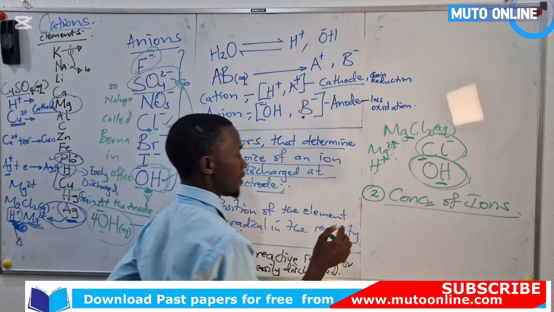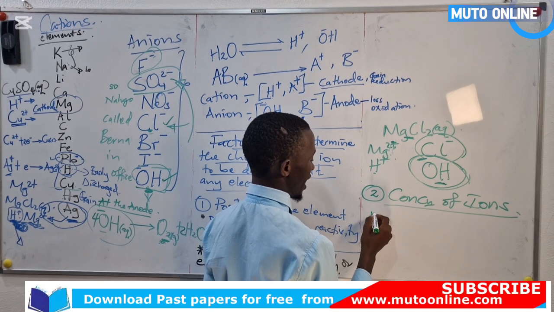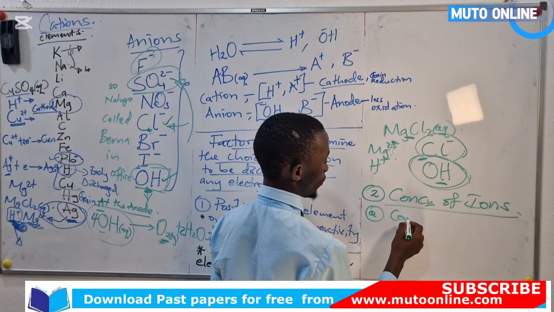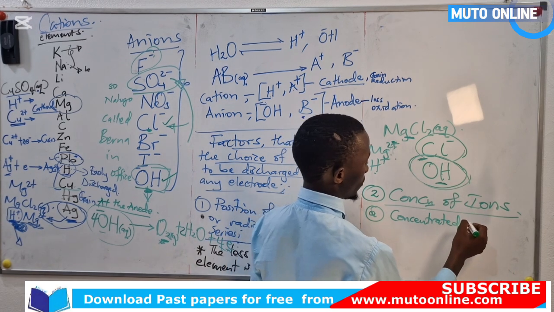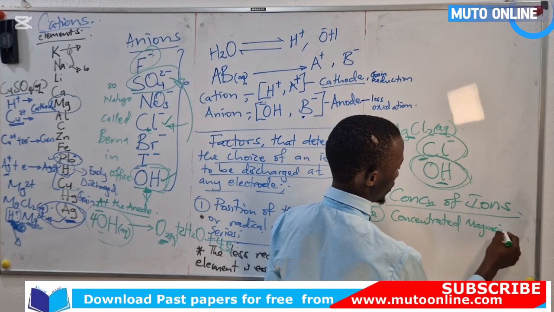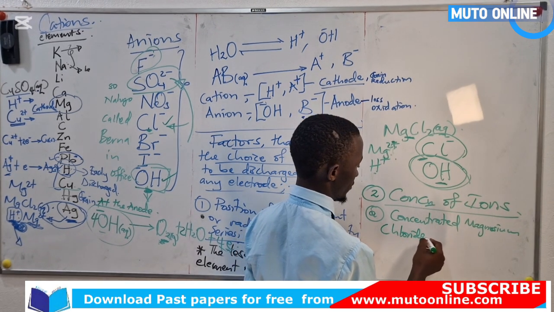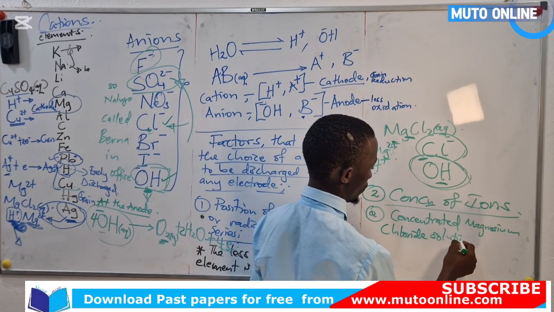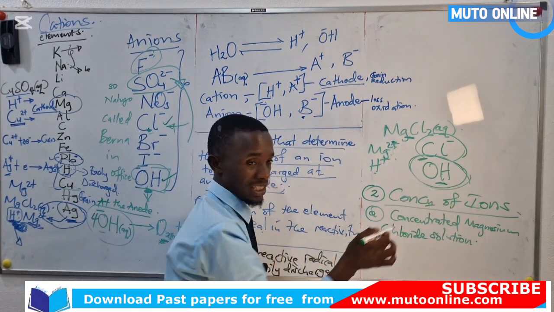Let us assume the electrolyte here is concentrated magnesium chloride solution. This is now the electrolyte.